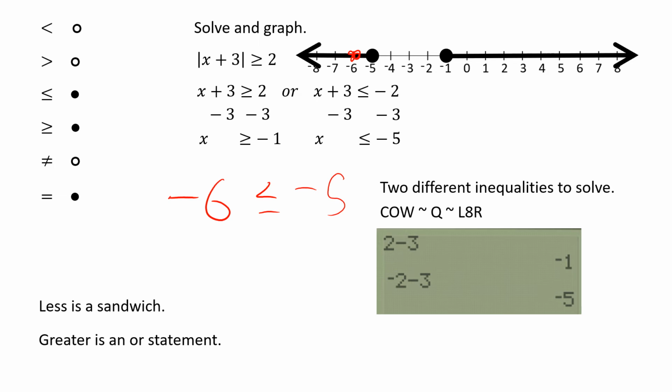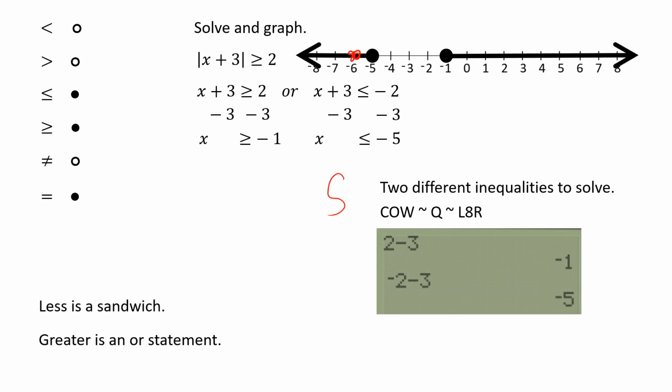So negative 6, although it's less than or equal to negative 5, I can't compare it to being greater than negative 1. It doesn't make any sense because negative 6 is not greater than negative 1. So I'm not going to have a valid solution that fulfills both parts of it.